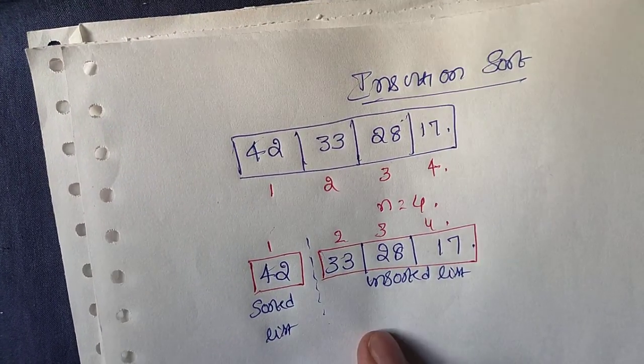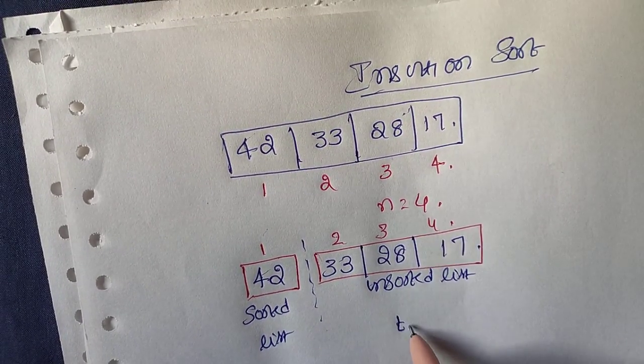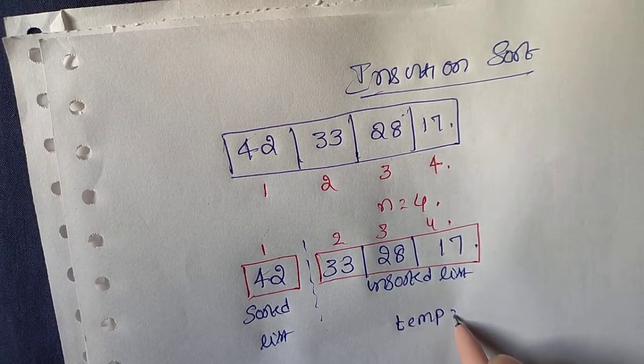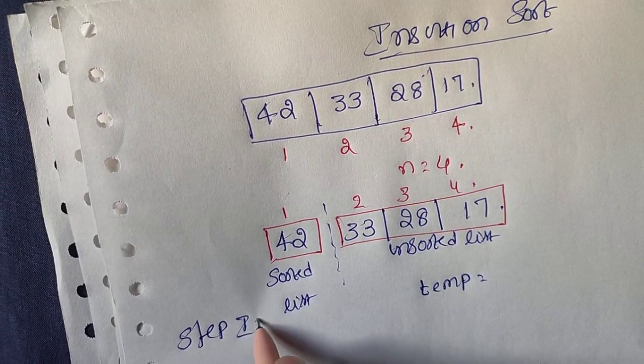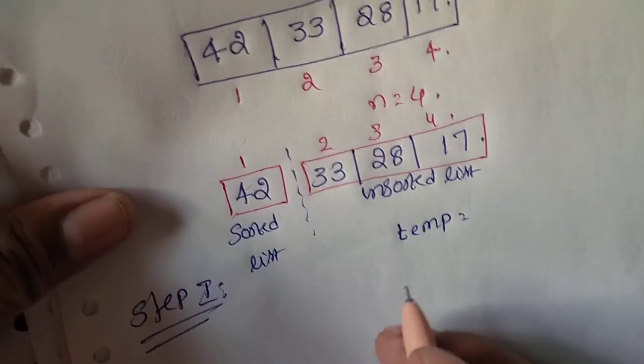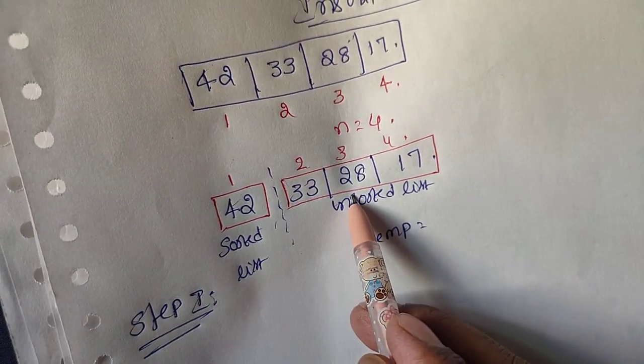Now we will take one more variable, a temporary variable, temp. In step 1, I will divide these two categories, sorted list and unsorted list.